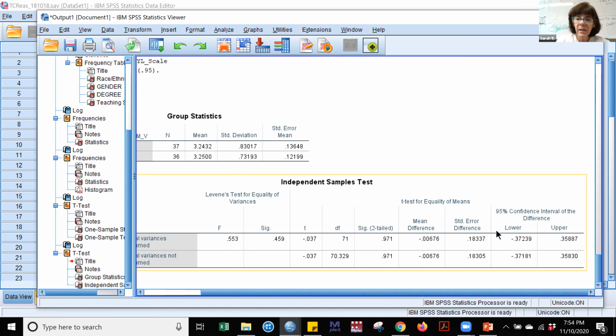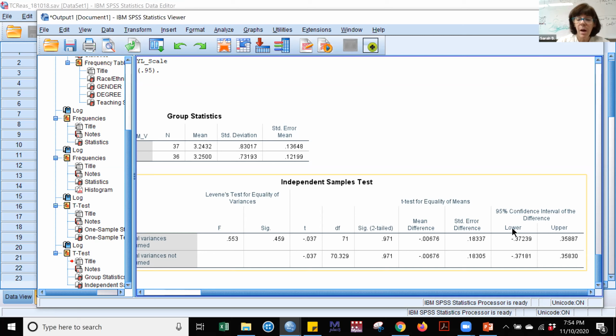The confidence interval clearly goes across the value of 0, indicating that within a 95% confidence interval, 0 is a likely value to occur, while 0 is what's under the null hypothesis.